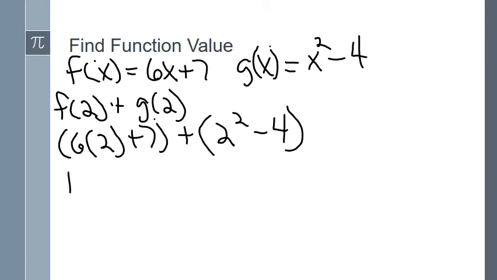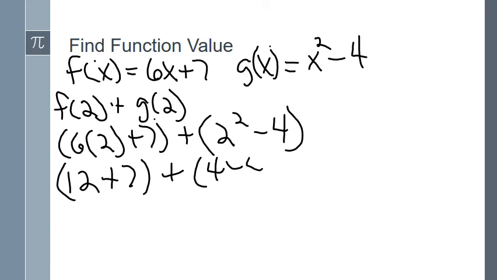So 6 times 2 is 12. So I got 12 plus 7 on this side. Plus, well, 2 squared is 4. And I got 4 minus 4. Let's keep going. 12 plus 7 is 19, I believe. Plus, well, 4 minus 4 is 0. Not too bad. And 19 plus 0 equals, of course, we know this to be 19.